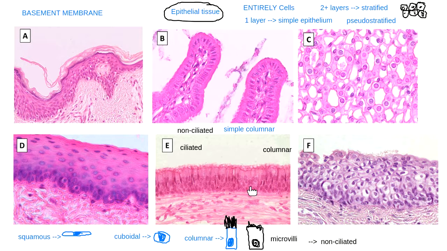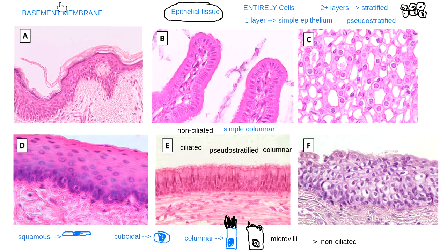The fact that my nuclei go all over the place when I look at this particular type of tissue, that there's not just pretty lines of them, that's what happens when you're pseudostratified. And it's only columnar epithelium. When a type of columnar epithelium is pretending like it has more than one layer, remember fake stratified, the way you see that is that the nuclei are a real mess all over the place inside the tissue.